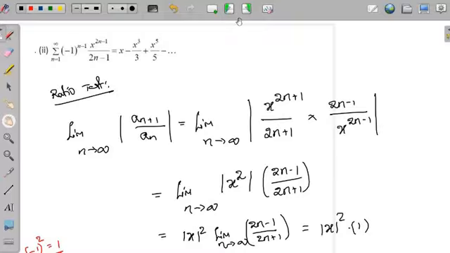So let's discuss something interesting about this power series. It has a very nice property.